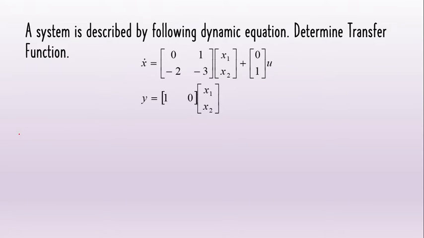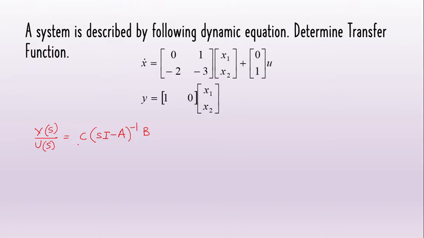The expression of the transfer function will be Y(s) by U(s), and it will be C (sI minus A) inverse B plus D. But as D is not present, this part will not occur.